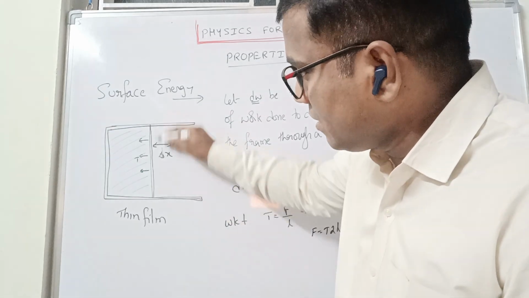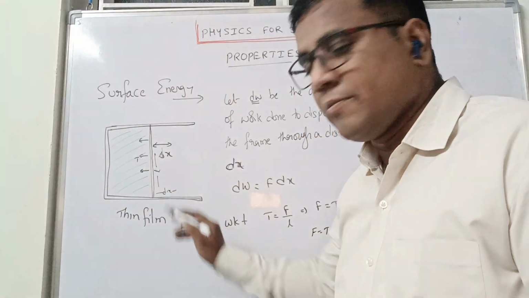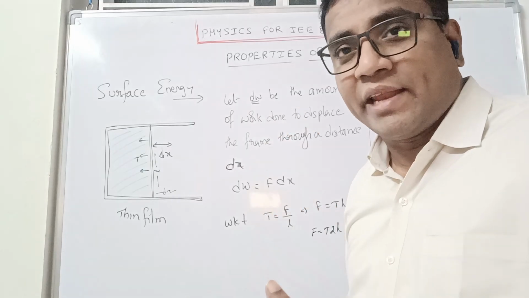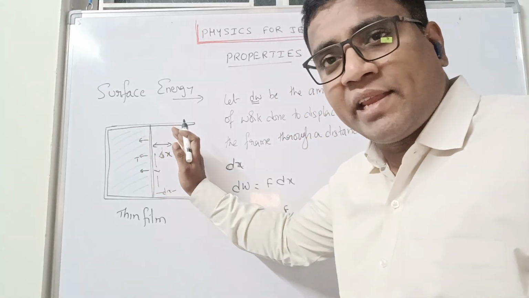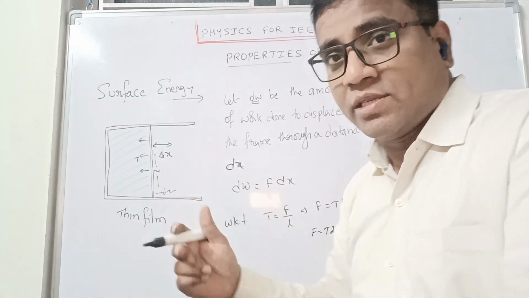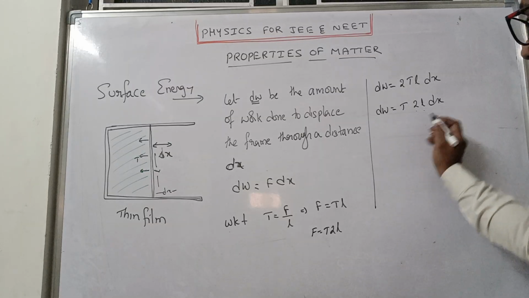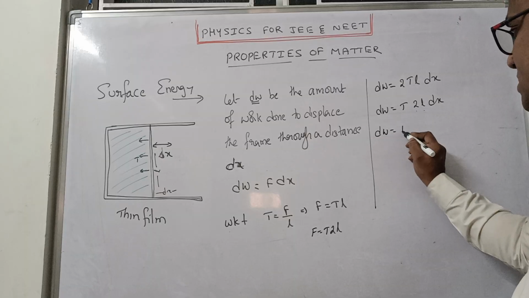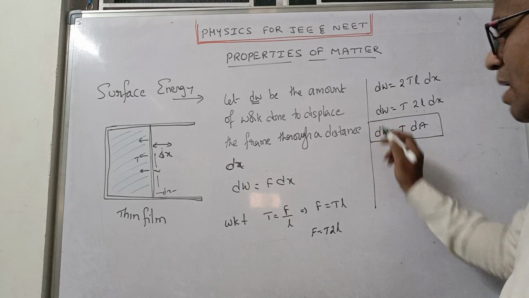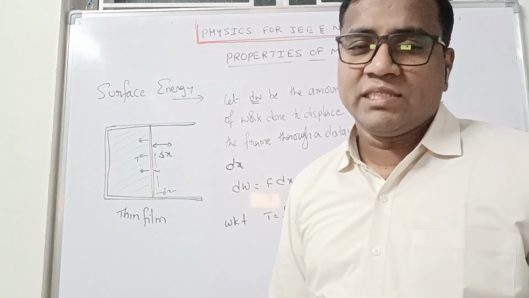L is the length and dx is this breadth. Length into breadth is nothing but area. This side the area increases and the back side the area also increases, so the total area is 2 times L dx, which is delta A. So dW can be written as T into dA. This is the minimum amount of work done to displace the frame through a distance dx.